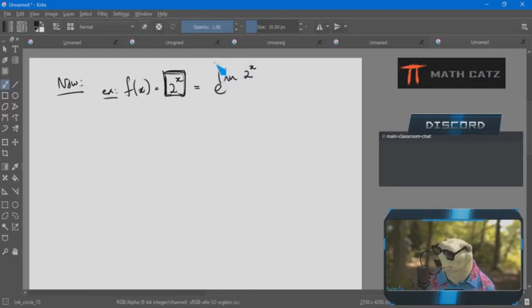So if I just focus on the natural log of 2 to the x, I can rewrite that. I'm going to do it at the bottom. I can rewrite that to x times natural log of 2. It's the exponent moving property of logs.